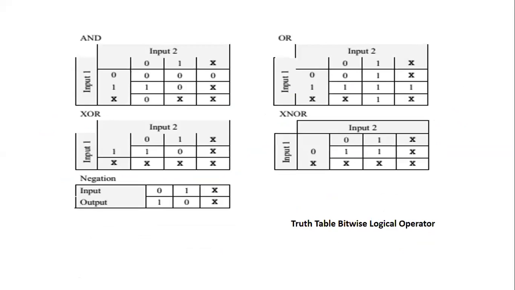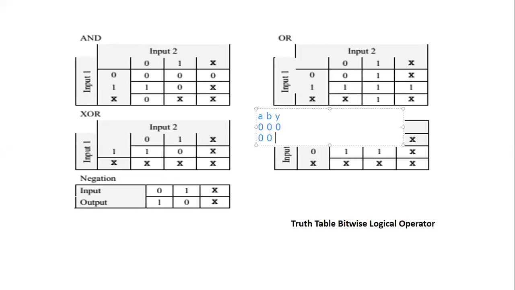Now, when you write a truth table for AND gate, A and B is the input, Y will be the output. 0, 0 gives 0; 0, 1 gives 0; 1, 0 gives 0; and 1, 1 gives 1. This is the truth table for AND gate.